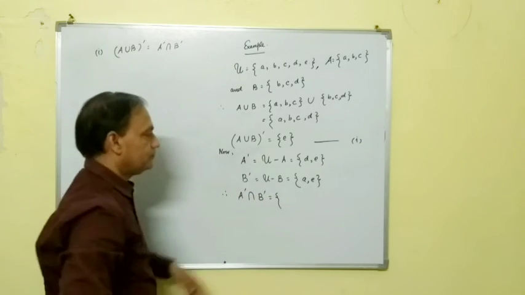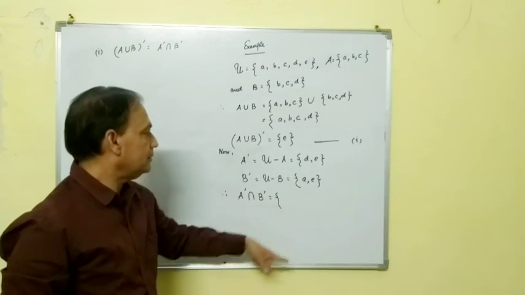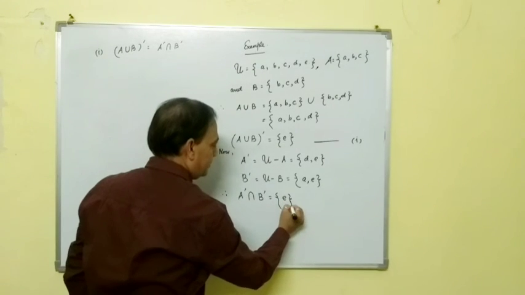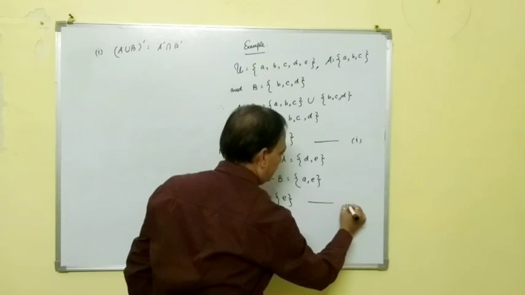It is the common elements in these two sets. So this is E. This is 2.